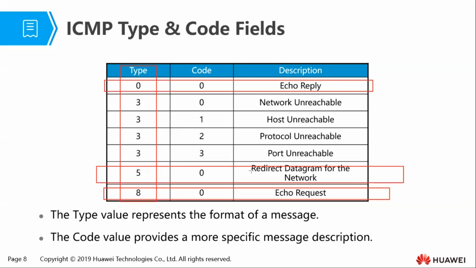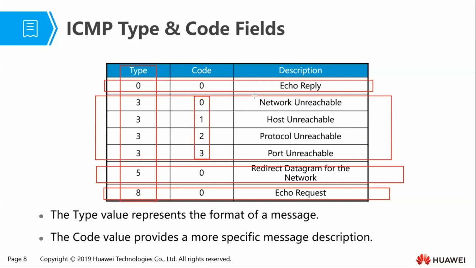We've already looked at the ICMP redirect, which is the redirect datagram for the network. Then the last group, which has 4 messages, is group 3, with codes from 0 to 3.